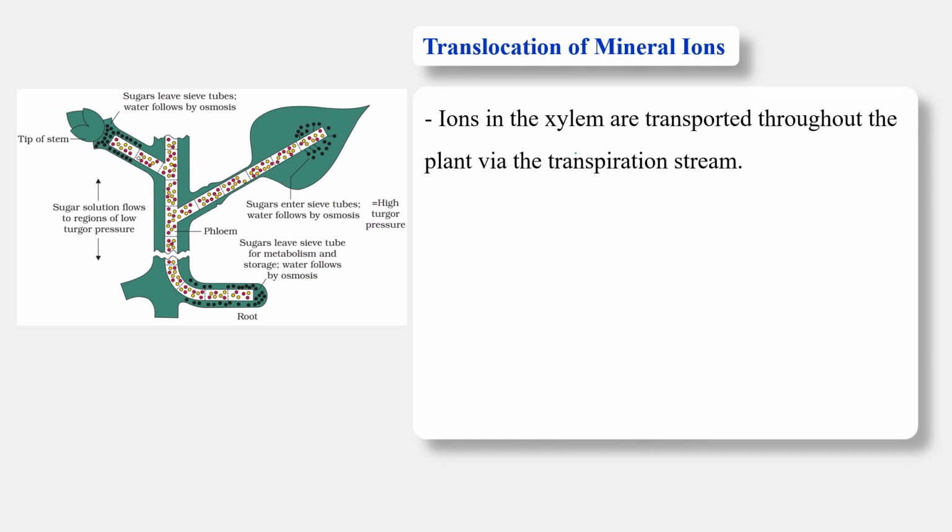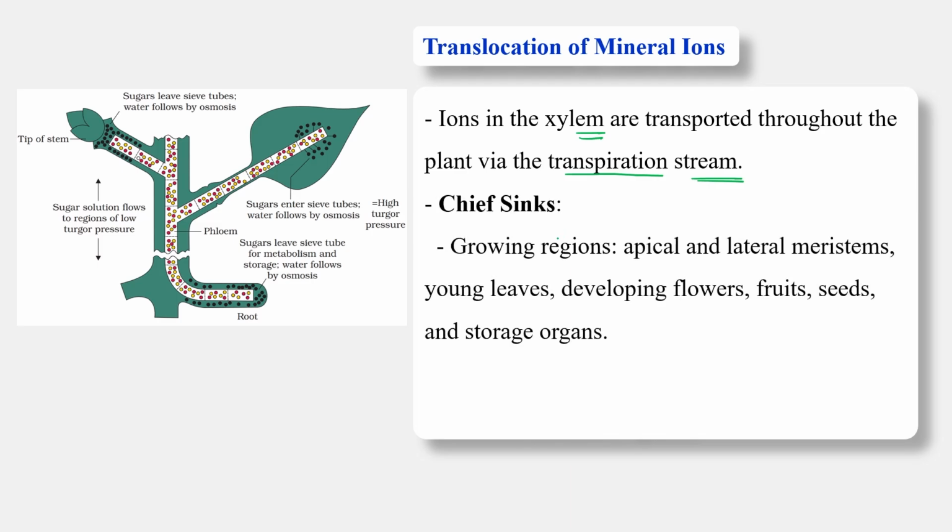Now, translocation of mineral ions. Ions present in the soil are transported via xylem, okay, and throughout the plant via transpiration pull or transpiration stream. This we have already discussed, right? Now, chief sinks are growing regions.